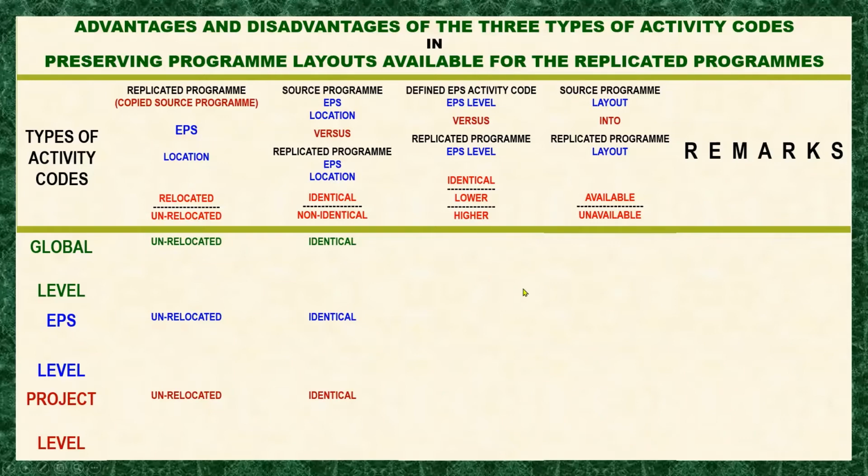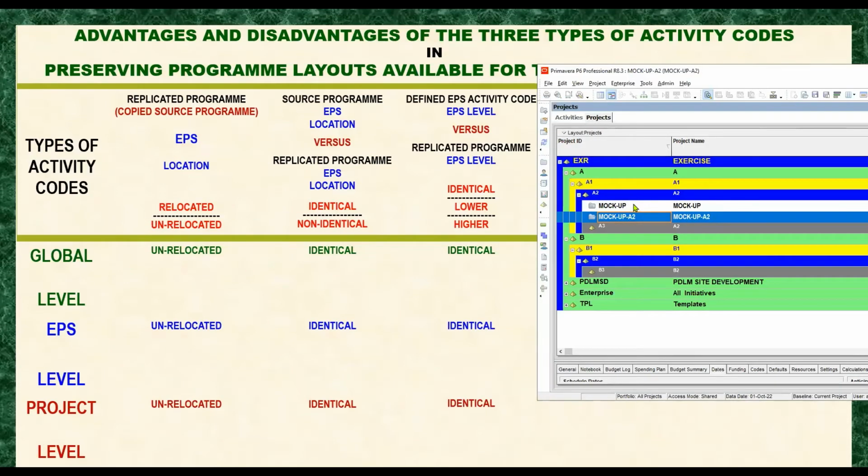Here it is recorded as identical, because the location of our replicated program is in EPSA and in level A2, while our EPS activity code is also located in level A2 of the EPSA.